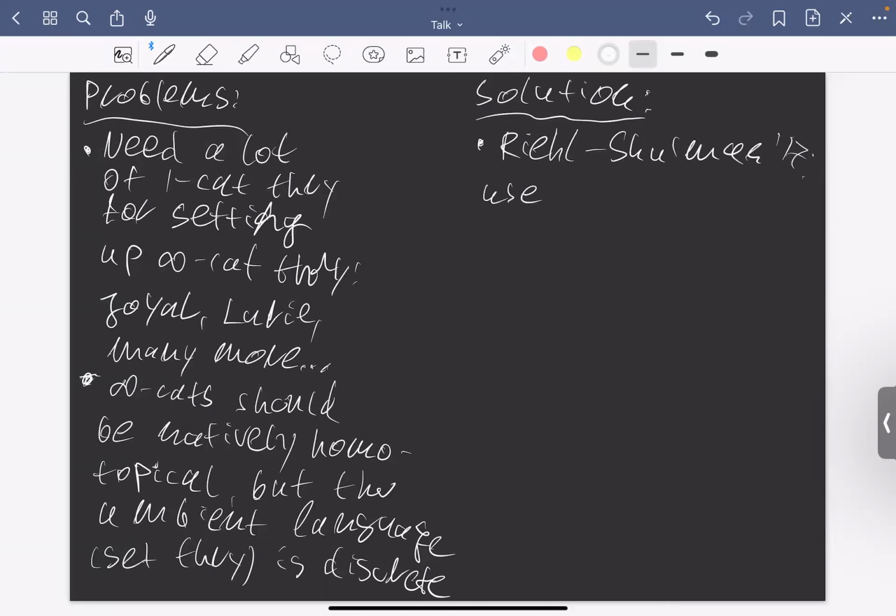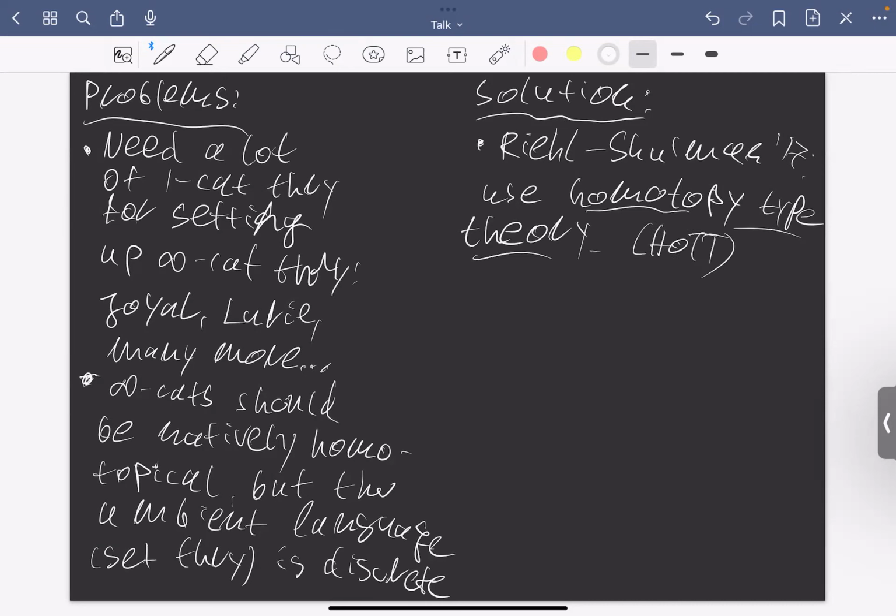And the idea is to use homotopy type theory, or HoTT, to talk about infinity categories. But actually, it's not enough to just use plain HoTT for this.